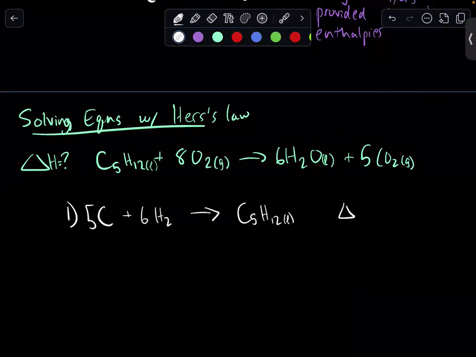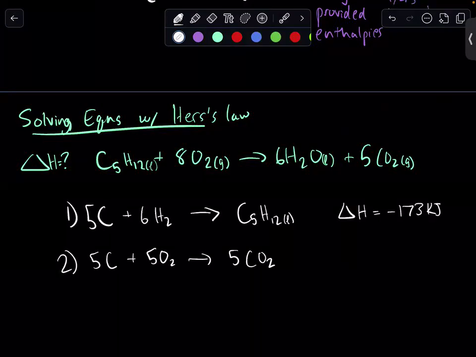And we know that the delta H for this reaction is something like negative 173 kilojoules. For reaction 2, we can still do 5 carbon, but this time plus 5 oxygen, combusting it, and we get 5 CO2, and this delta H is going to be negative 1,970 kilojoules.